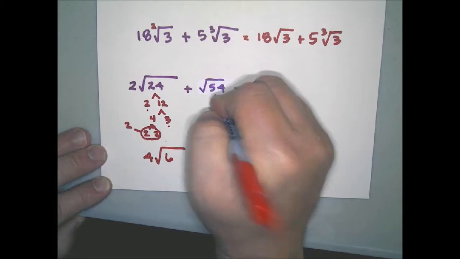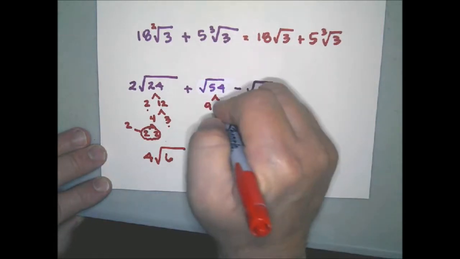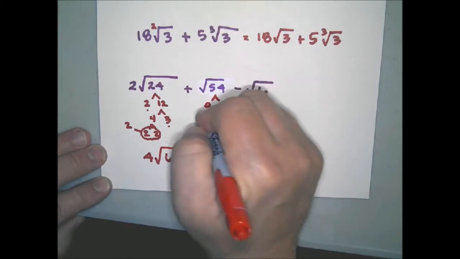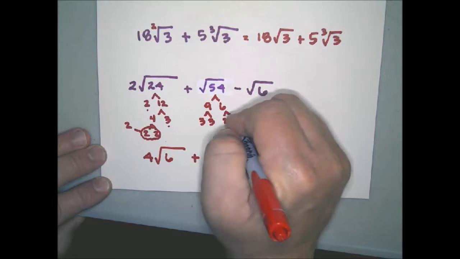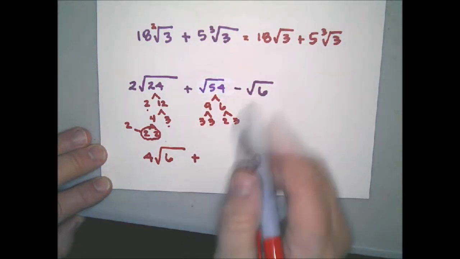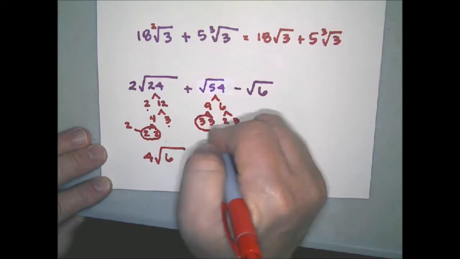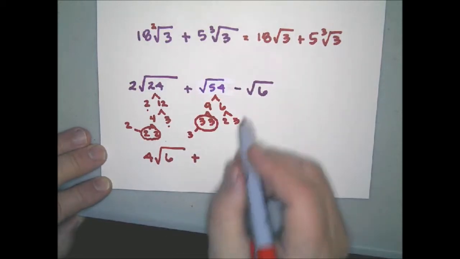Now let's do the same thing to the 54. 54 is 9 times 6. 9 is 3 times 3. 6 can be broken down to 2 times 3. So there's the prime factorization. Here's a pair of 3's, which means one of them can come out.